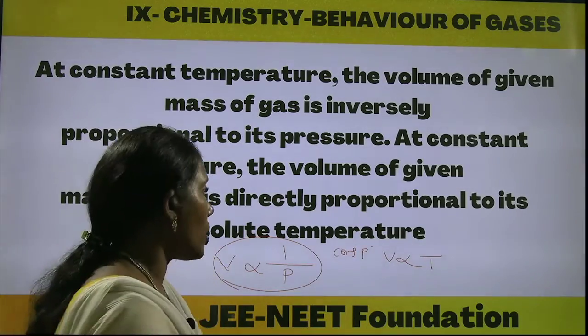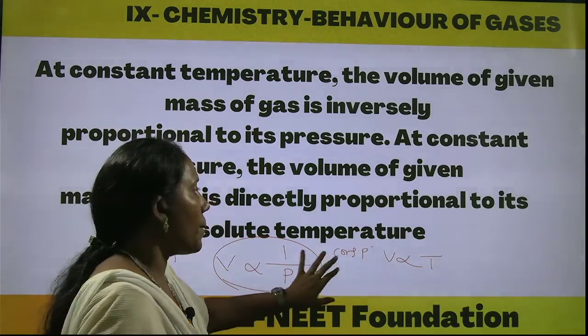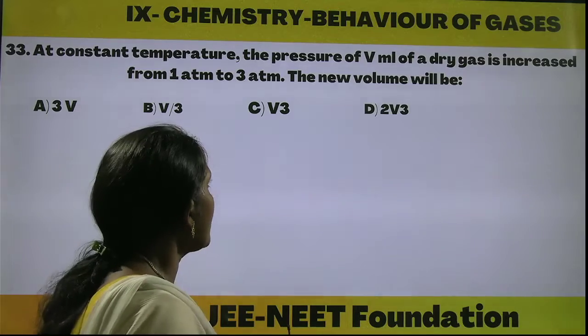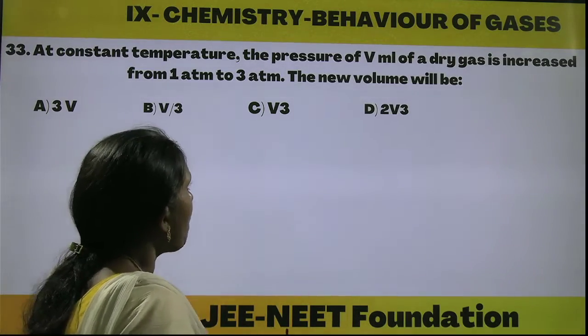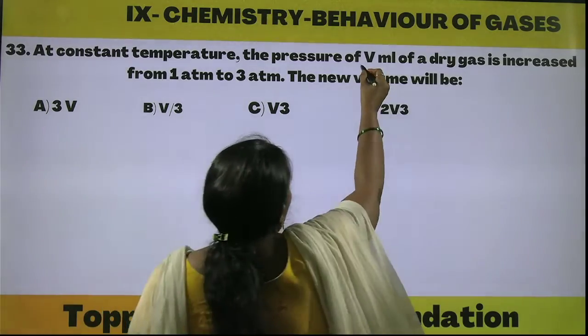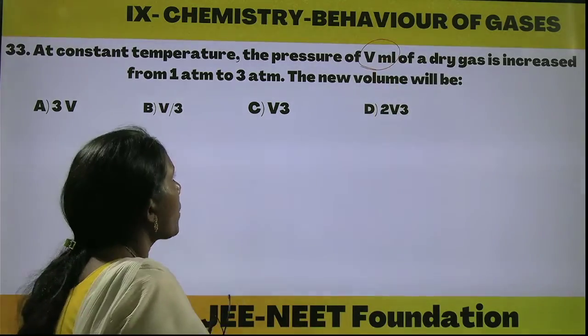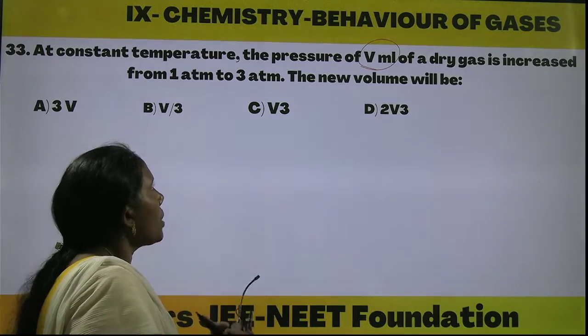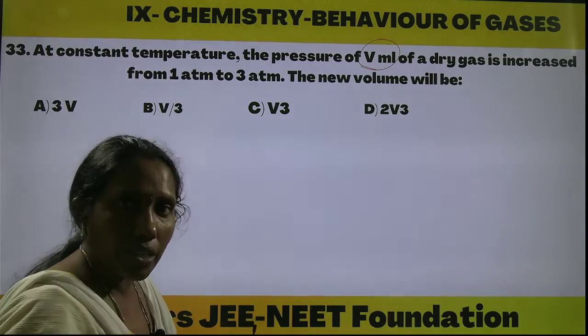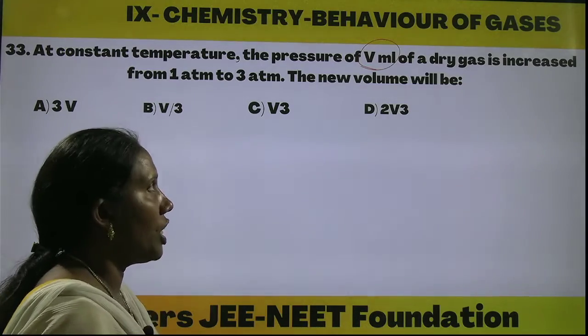So let us see what questions he asked in the comprehension passage type. Let's see the first question. At constant temperature, the pressure of V mL of a dry gas is increased from 1 atmosphere to 3 atmospheres. The new volume will be?